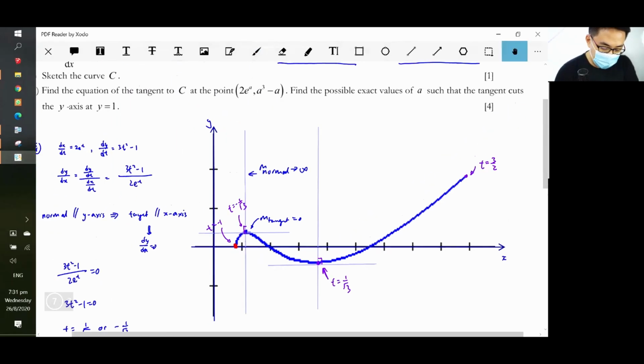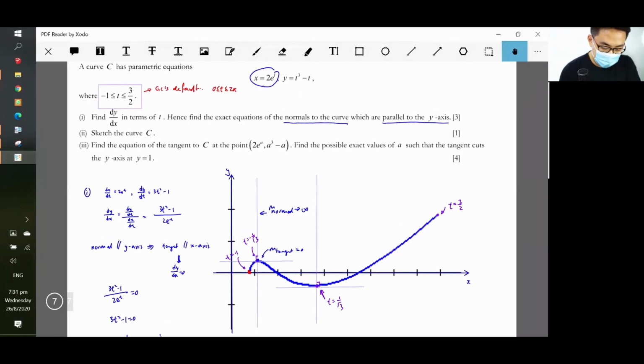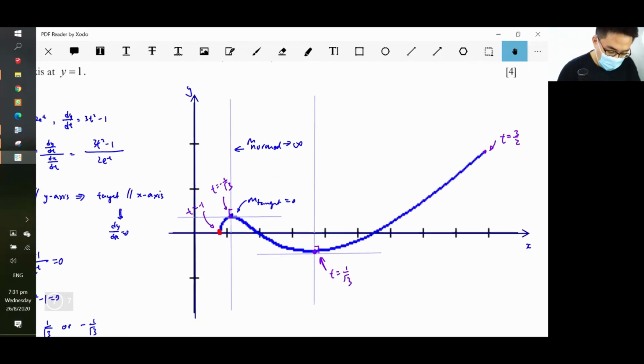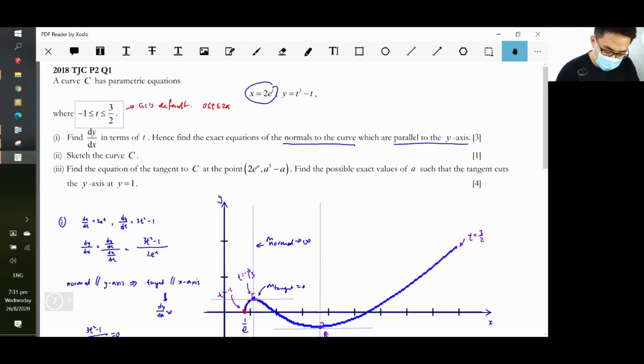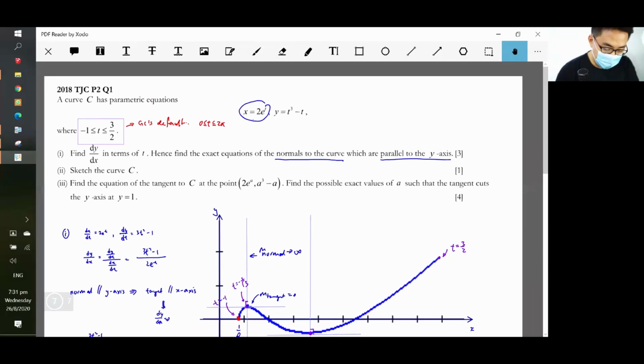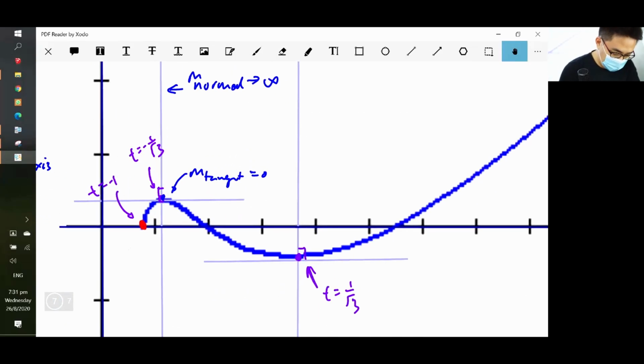So when t equals minus 1, when you sketch, just make sure that when t equals minus 1, what is this value here? So this value here will be 1 over e, right? When t is minus 1. So when t, 2 over e. Yeah, 2 over e. Oh yes, 2 over e. So this is 2 over e.